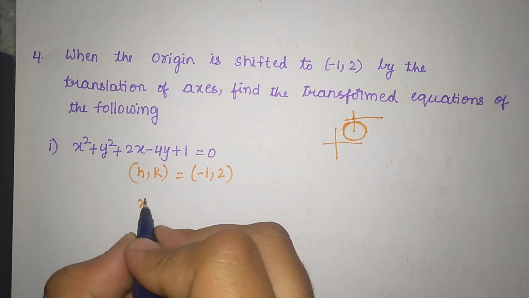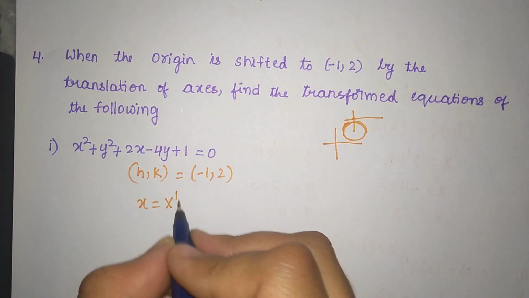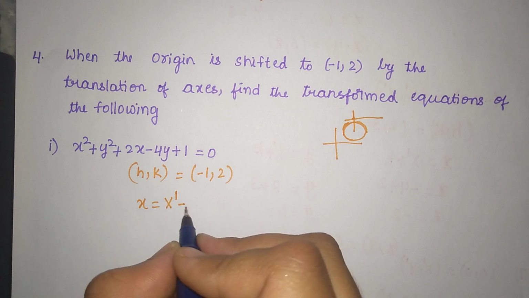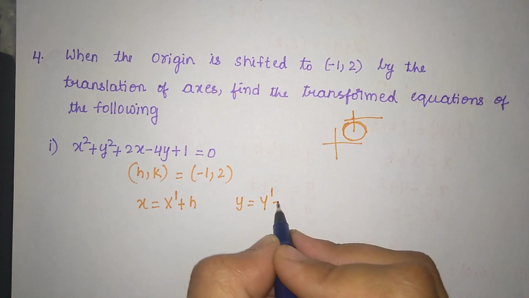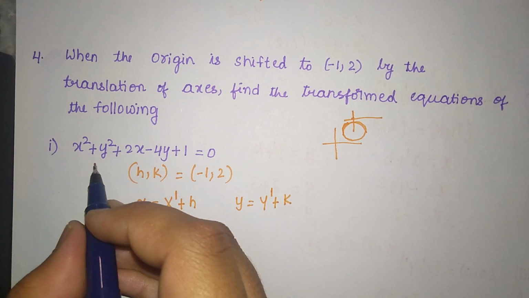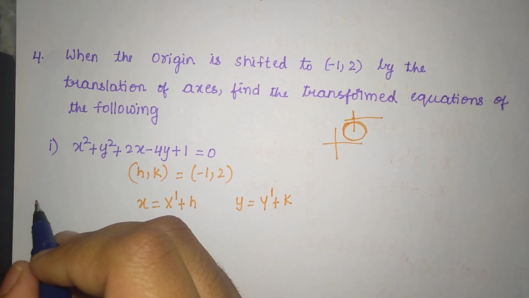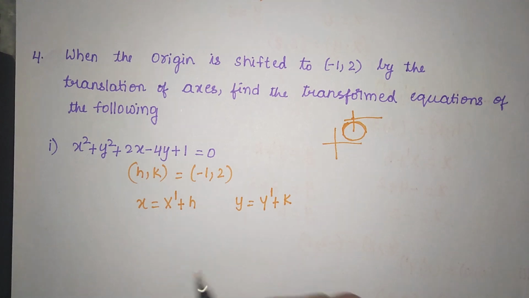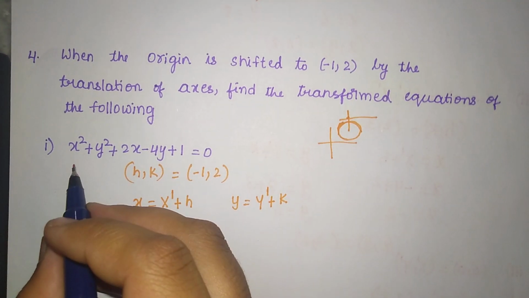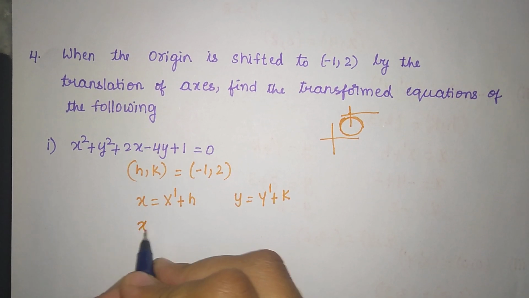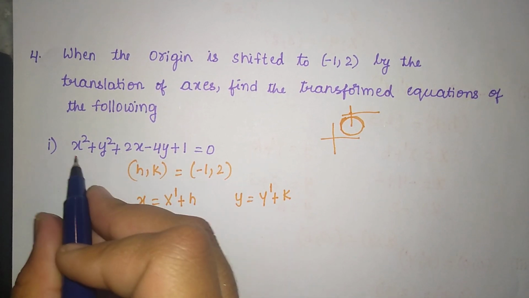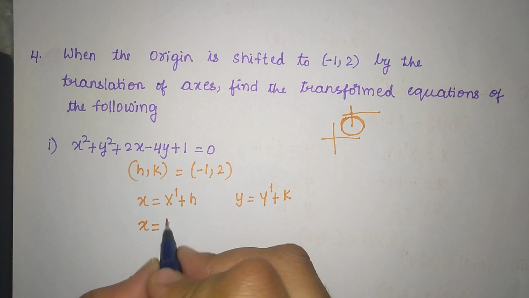So we know small x is equal to capital X plus h. Small y is equal to capital Y plus k. So what is given? They have given small only. They are asking us to find capital. Okay. See, when small is given, you have to substitute. Small x is what?